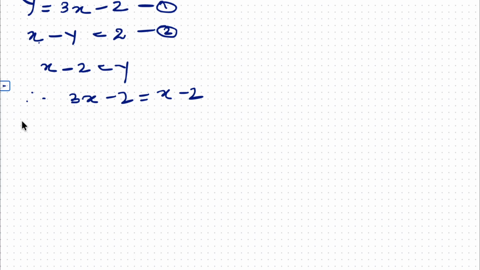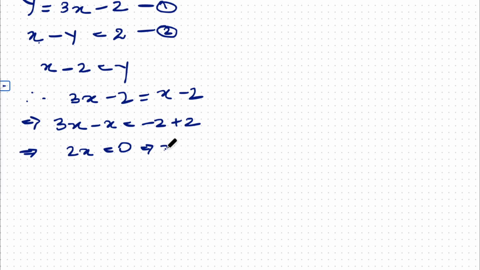And so this gives me 3x minus x equals minus 2 plus 2. What I did here was I subtracted x from both sides of the equal to sign, and I added 2 to both sides of the equal to sign. And so I get 2x equals 0, and this gives me x equals 0, right?